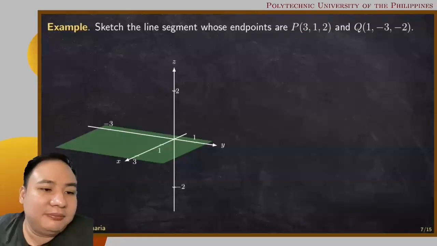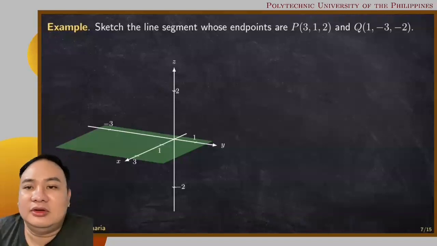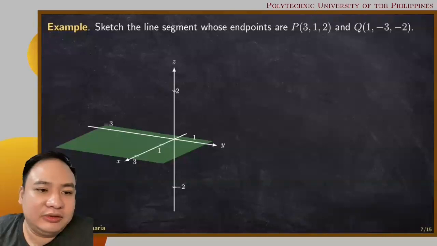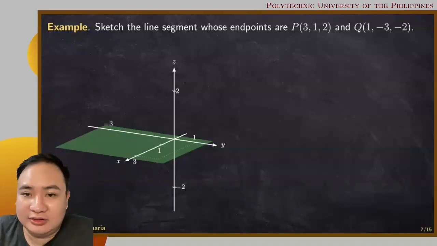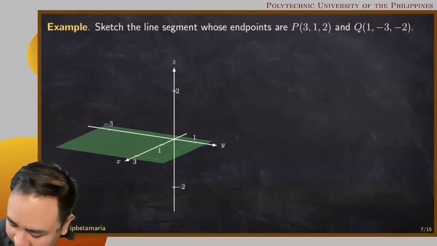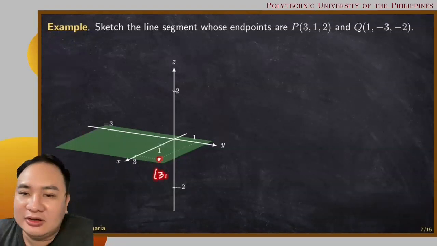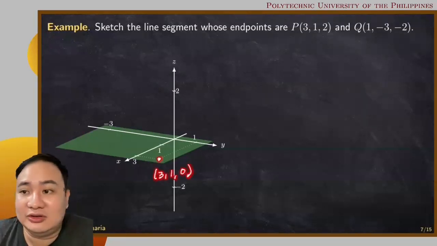Ay, ito pala yung mga important coordinates. Yan yung mga nabanggit doon sa mga points. So, where can we locate 3, 1, 2? Nagdrawing ako ng rectangle. No? Yung intersection na to, anong coordinate niyan? Diba? That is 3, 1, 0. Kasi nasa ground 0 ka.